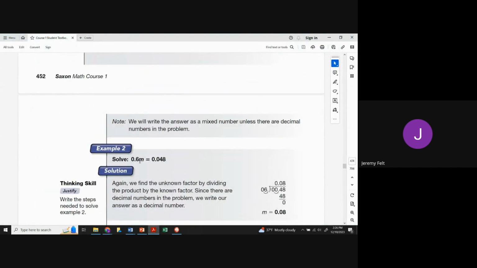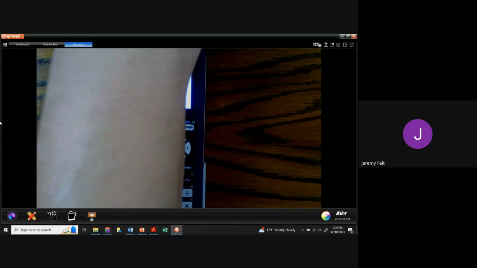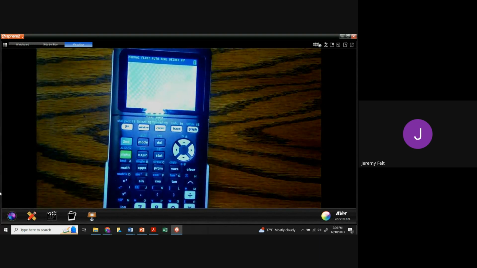Okay, so this one, I'm going to have 0.6 times m equals 0.048. So we're multiplying, so we need to divide. And we divide both sides by 0.6. We're going to get... So again, I can do it with the calculator.